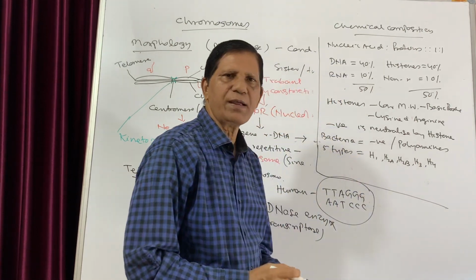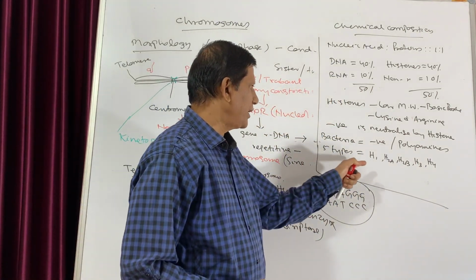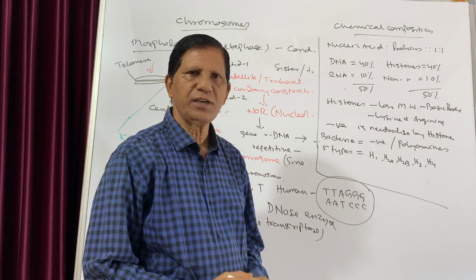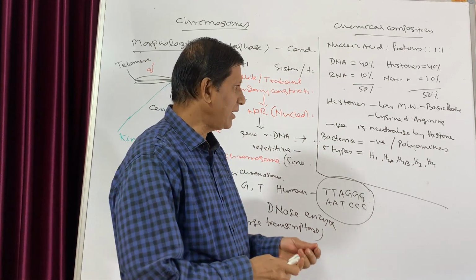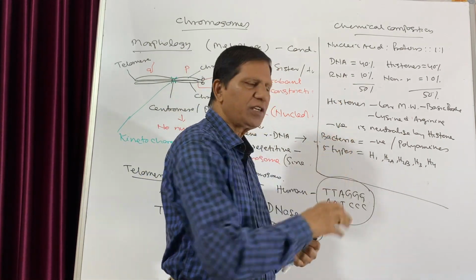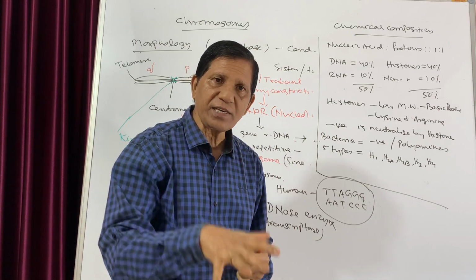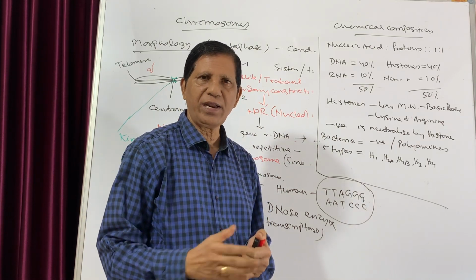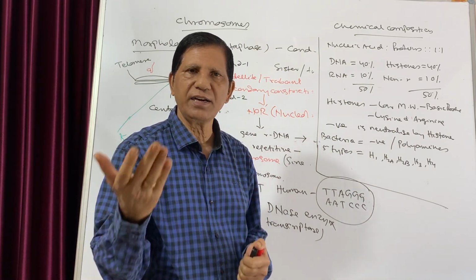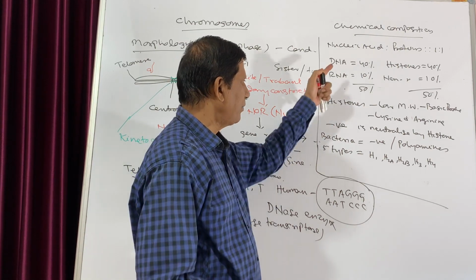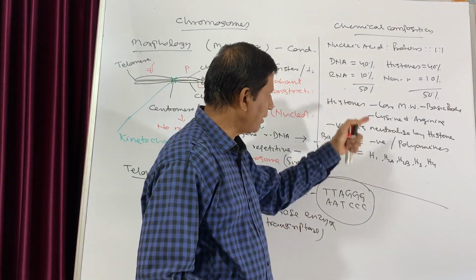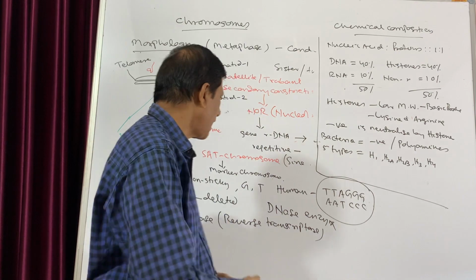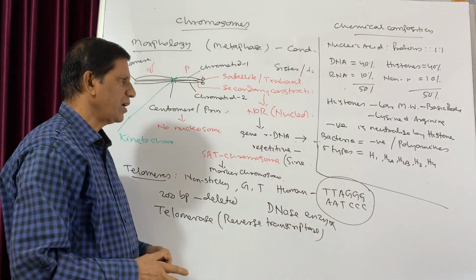These are the types of histone proteins or basic proteins present in chromosomes, and the main function of basic proteins is to depress genetic activity, while acidic proteins trigger genetic activity. So these are the different chemical compositions of the chromosomes, and this is the morphological structure.